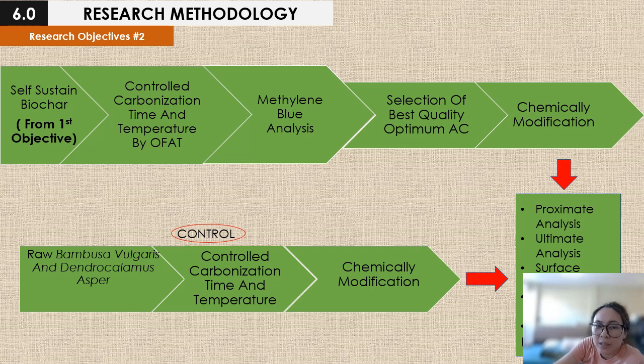For our second objective, I'm going to use chemical activation to produce a high quality activated carbon, which has the best proximate, ultimate, and surface morphology characteristics.